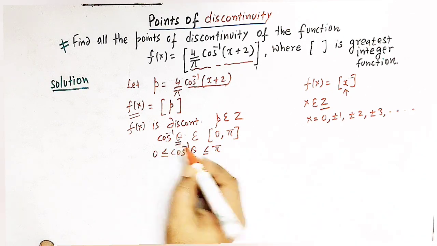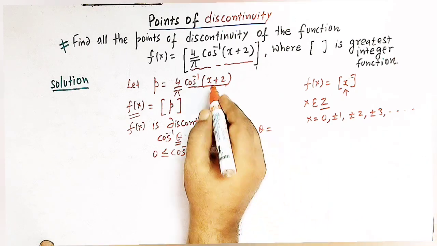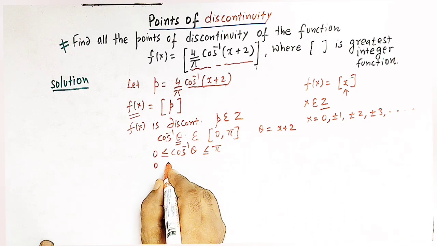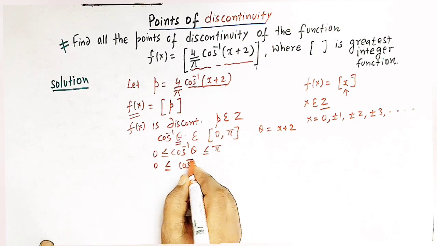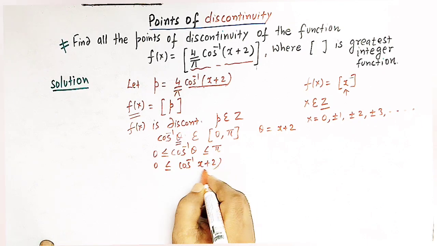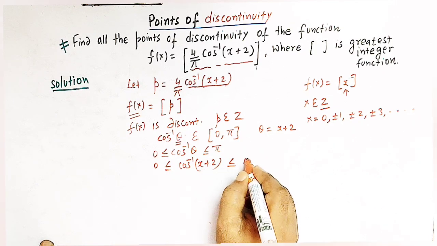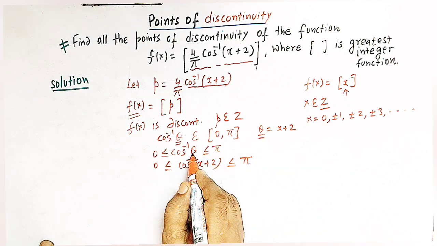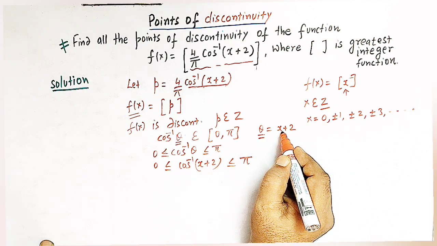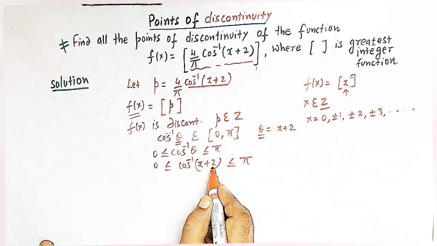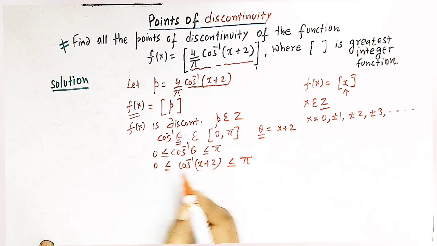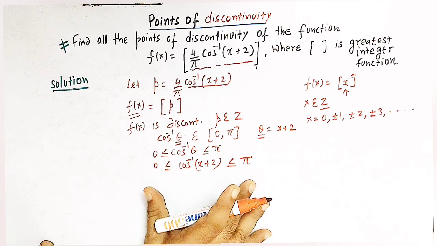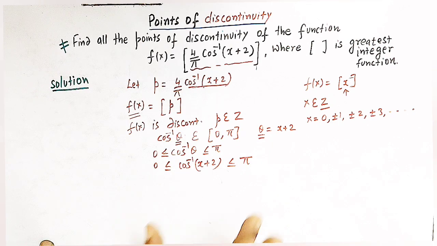Now let us substitute theta is equal to x plus 2. So we have now 0, cos inverse of x plus 2, and pi. So we have replaced theta by x plus 2. So cos inverse x plus 2 lies between 0 and pi, and remember these two endpoints are also included.